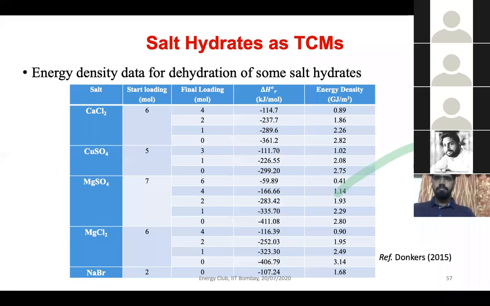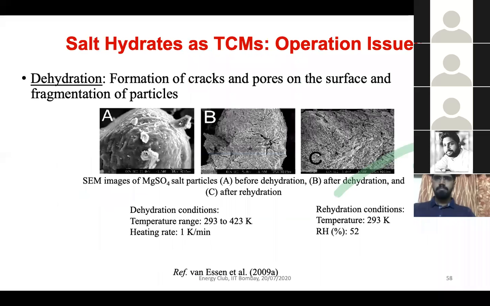Some typical examples of this material: CaCl2, CuSO4, MgSO4 is widely used, MgCl2 and NaBr. People have studied different types of material. Now, how do the SEM images look? At the beginning, when the material is as it is, the SEM image looks very nice.